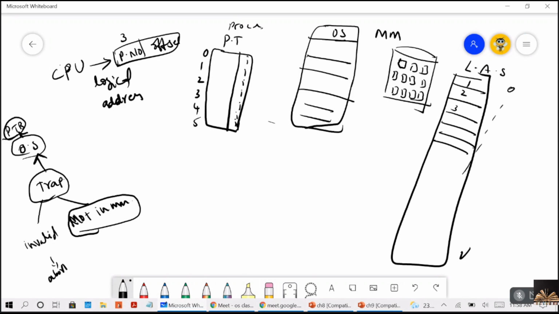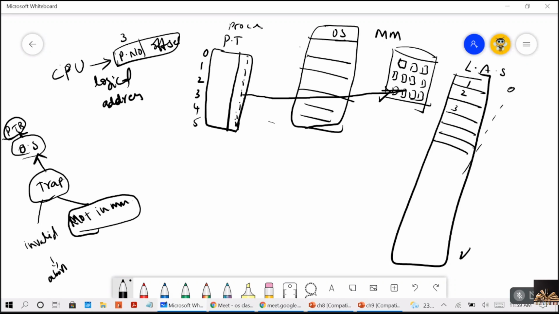Now what to be done? Because it is not there in the main memory, right? So it is asking for page 3, no? Because it is not there in the main memory, first it will go to the disk, load that page into the main memory.